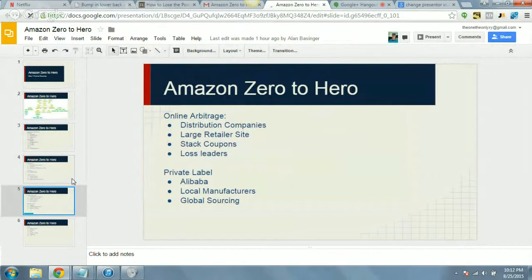Okay, so there are so many different ways you can source. If you are just absolutely lazy or just not confident, you can get a sourcing agent. You can find sourcing agents via Alibaba or just word of mouth.